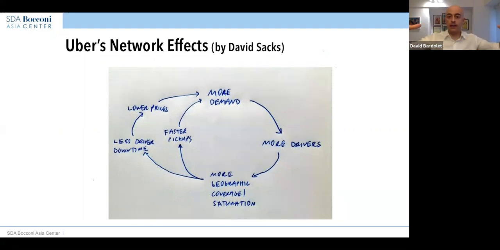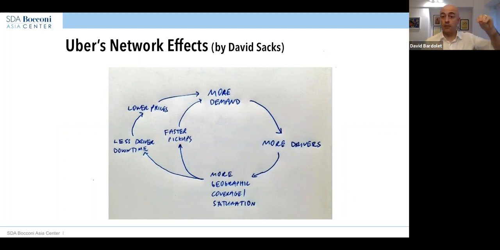So once you expand that geographic coverage and you increase the density of drivers in any particular neighborhood, that means faster pickups. And it means that the drivers are getting a ride all the time. So faster pickups makes customers happy. So more customers will start using Uber because they can get a ride fast.